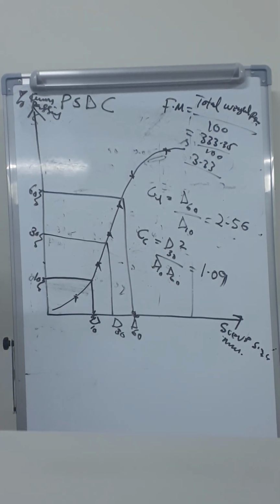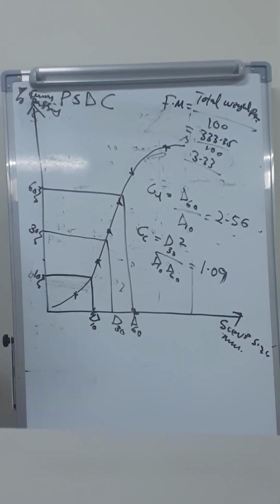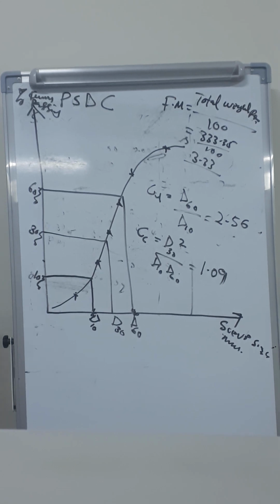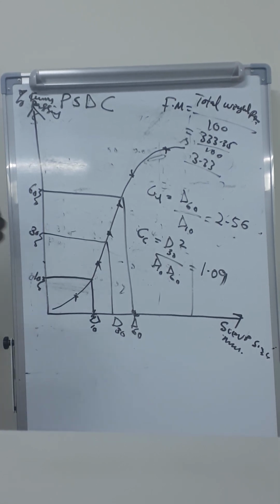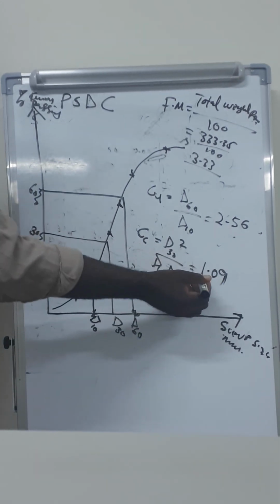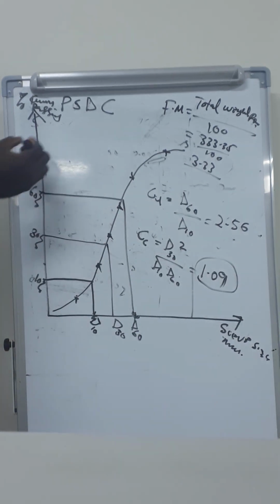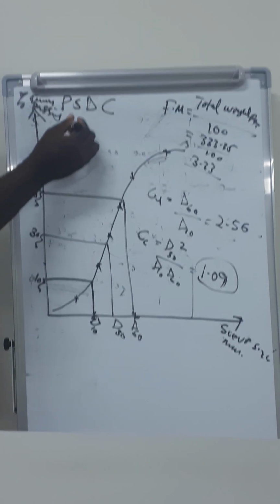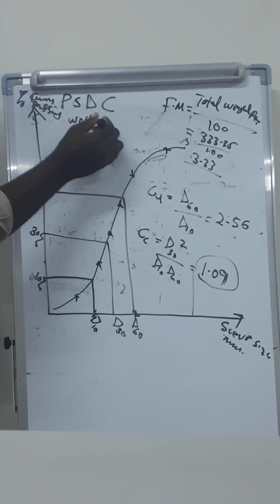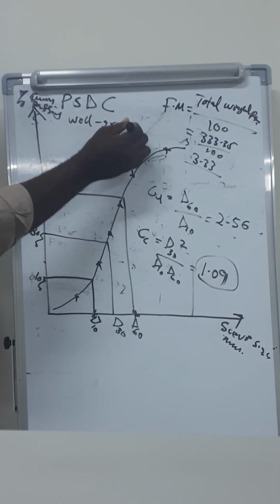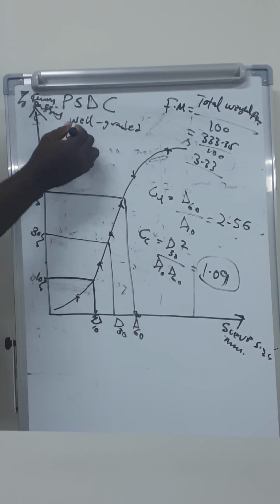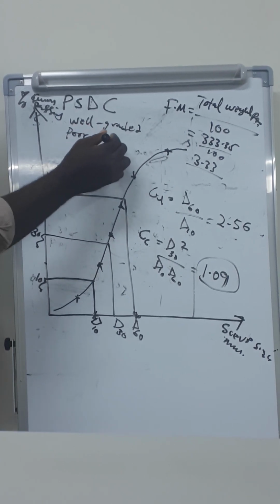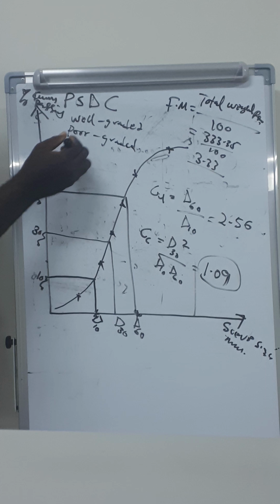Now we can estimate the grade of the aggregate, that is the river sand. The grade can be estimated with the value of Cc, to tell if the aggregate is well graded, poorly graded, or gap graded.